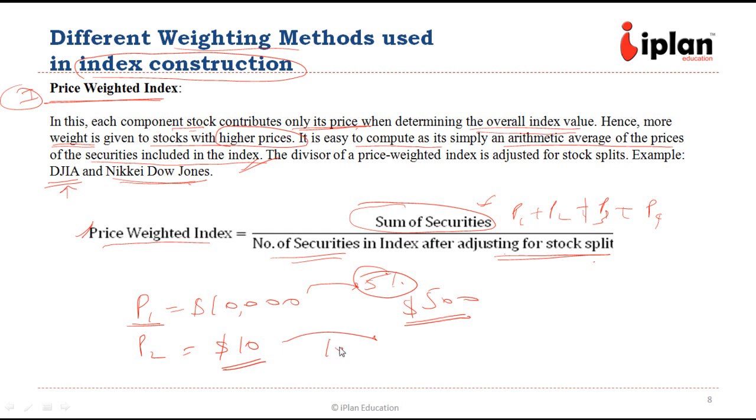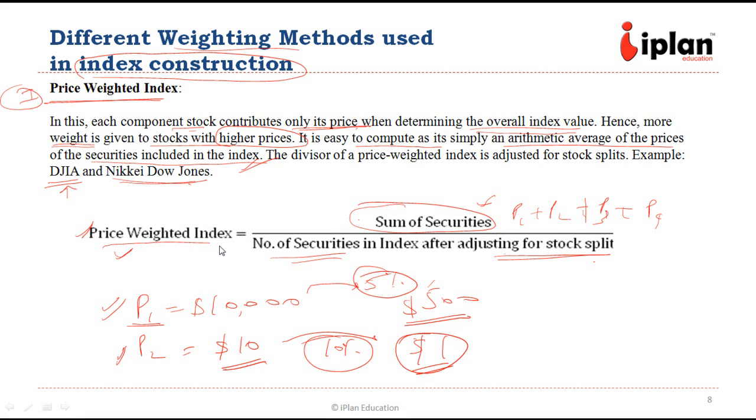And if there is a 10% change in the $10 stock, it will be just a $1 change. So the stock with the lower price will have a smaller impact on the index, and the stock with the higher price will have a larger impact on the value of the index. So that is a drawback of this index.